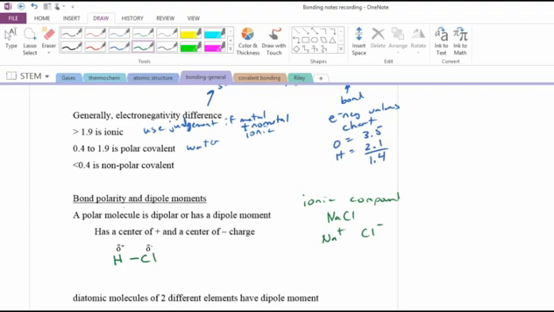This part of the molecule is less negative. So we could draw it like that. So there's more electrons over there. We could show a plus sign with an arrow pointing to the one that's more negative.